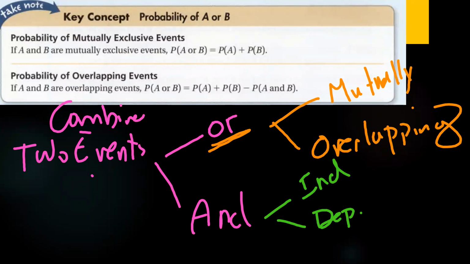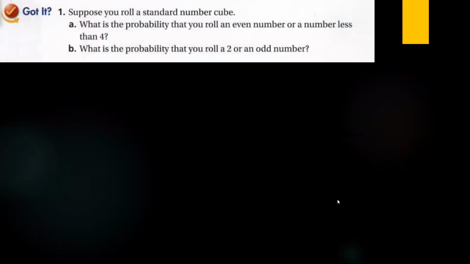Let's now take an example of "or" before going to talk about independent and dependent. Suppose you roll a standard number cube. What is the activity? What is the event? I roll a standard number cube. So what is the sample space of the number cube?